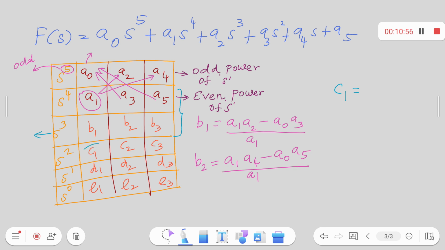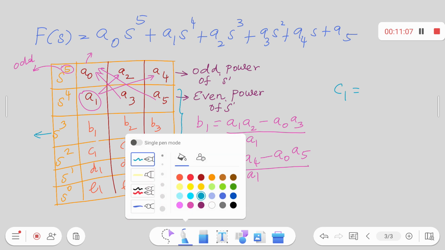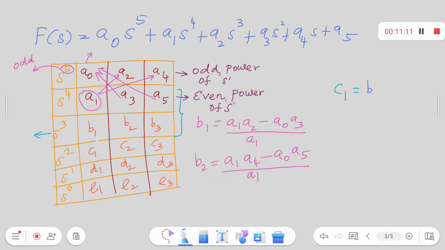So how to find c1? My c1 will be b1 a3 minus a1 b2 divided by b1, that gives you c1.